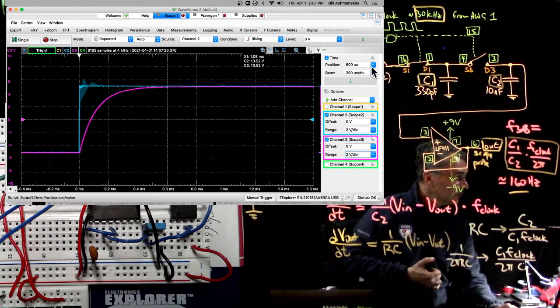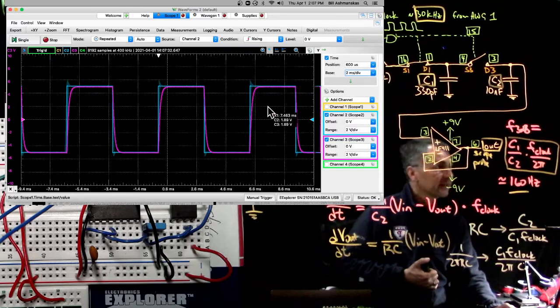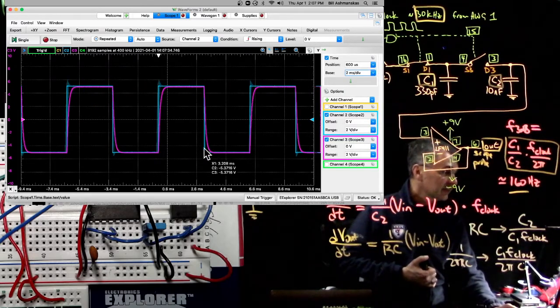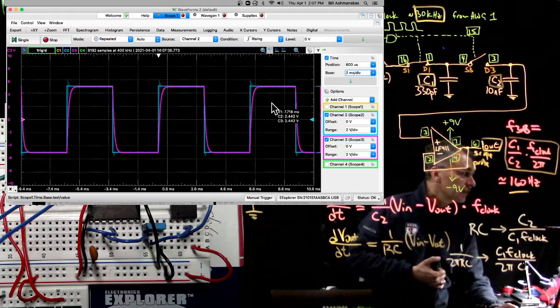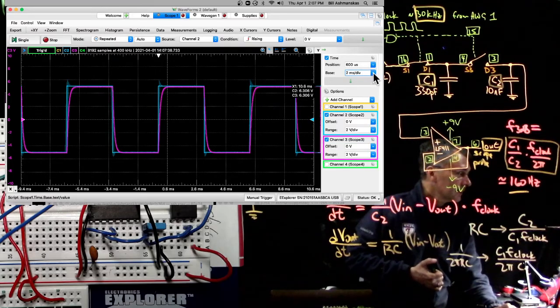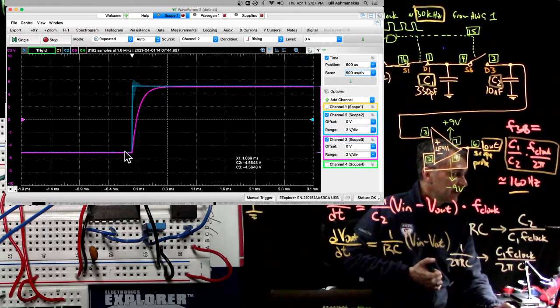Okay, and I'm not sure we want to zoom out by a full factor of 10. Let's try it. See, then actually it looks exactly like a poorly tuned scope probe. But if we zoom in just a little bit, then you do see the classic RC charging curve. That's kind of fun.